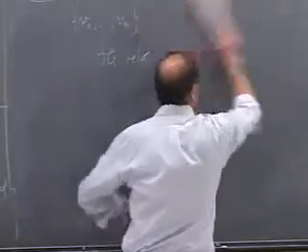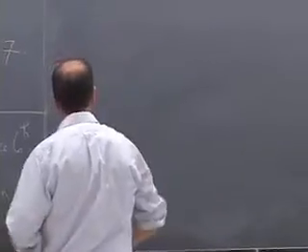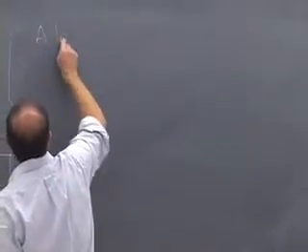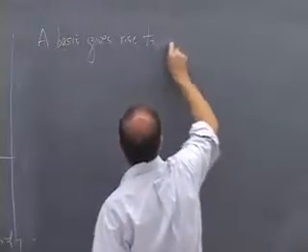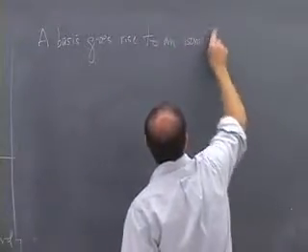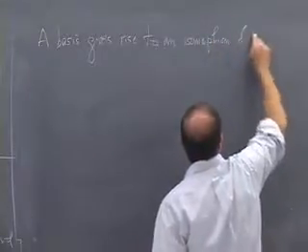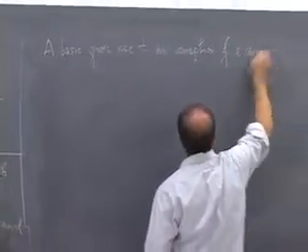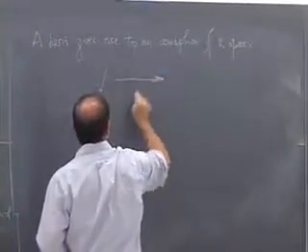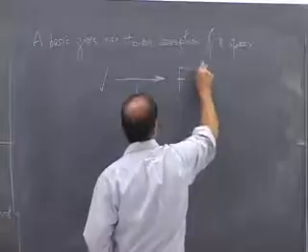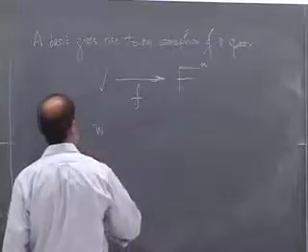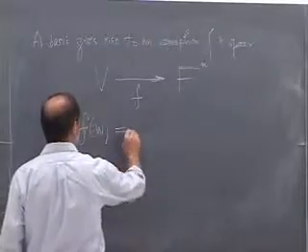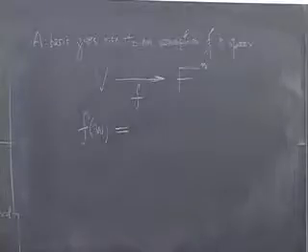In terms of the language we used last time, a basis gives rise to an isomorphism of vector spaces from V to the vector space F to the n, which takes an arbitrary vector W in V to its coordinates in this unique expansion of W with respect to the vectors V1 through Vn.